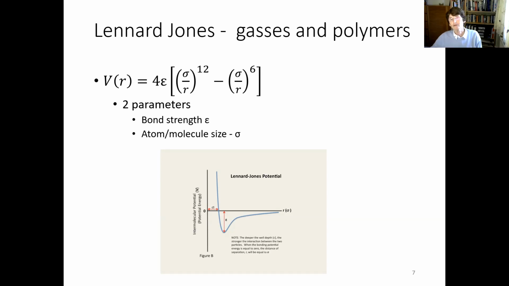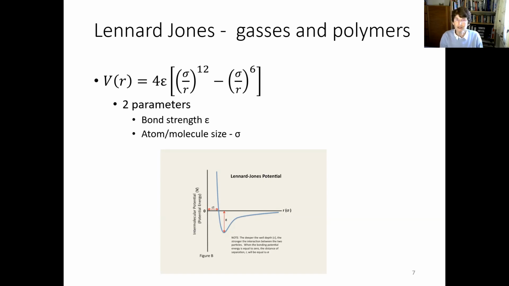The choice of the R⁻¹² is historic. Basically, it was written in the day when computational power was very limited. Therefore, it's very efficient to have it as the square of the R⁻⁶ term. So there's no physical justification for the R⁻¹² other than the fact it goes to infinity quite quickly, and it represents a strong repulsion.